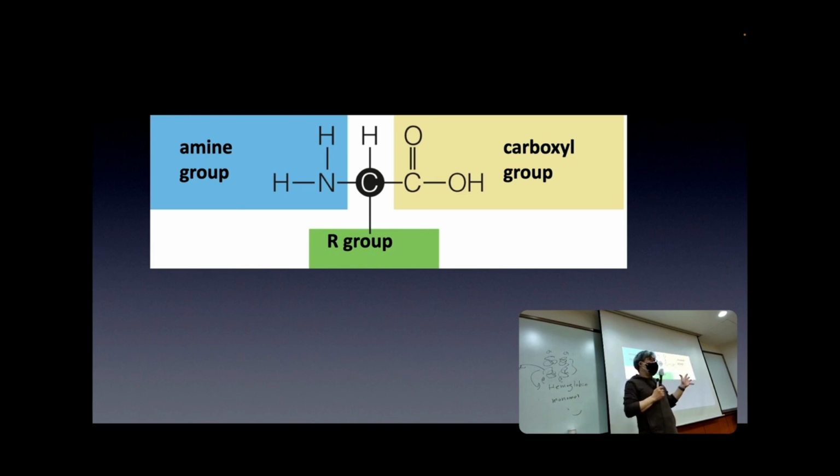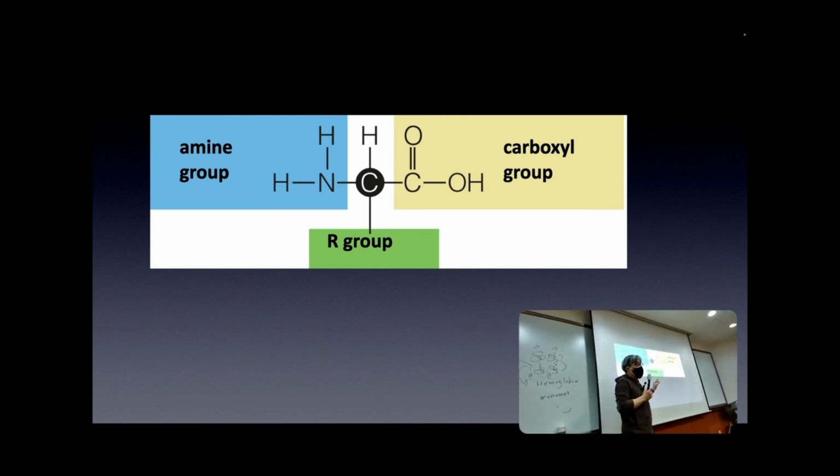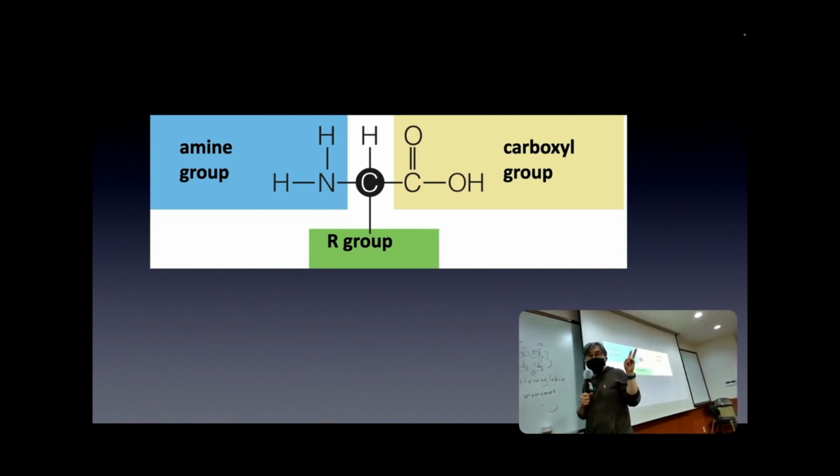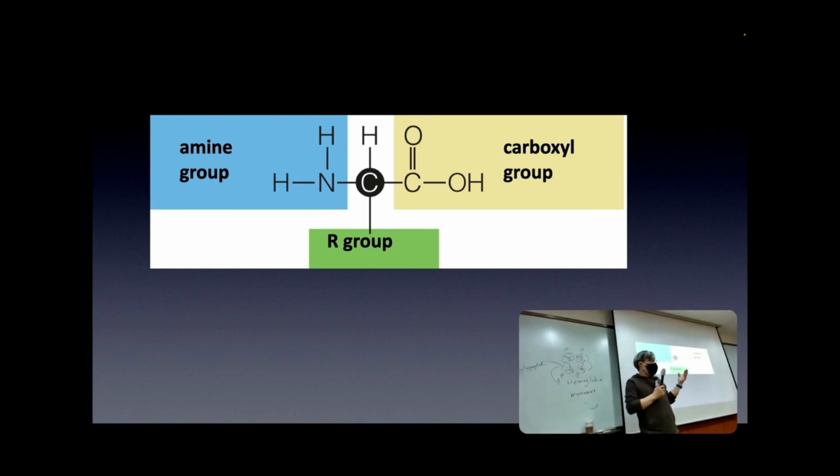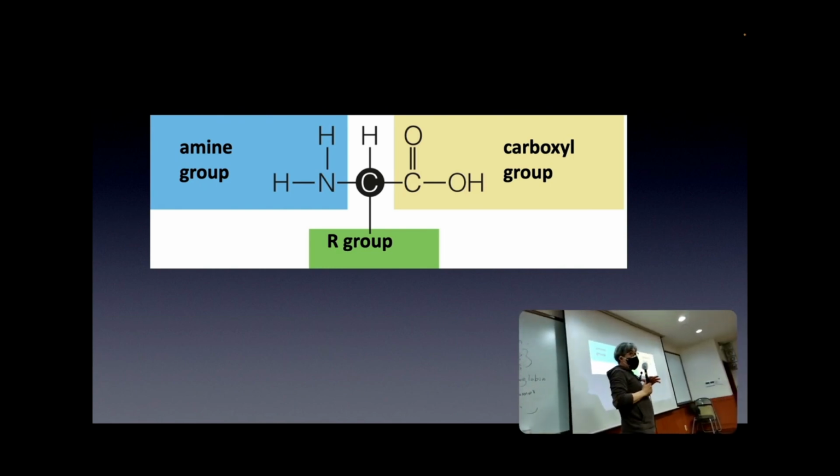But that doesn't mean there are only these 20 amino acids in our whole living system. There are many more. It's a general consensus that protein has only 20 amino acids, but somebody else will say there are 22.